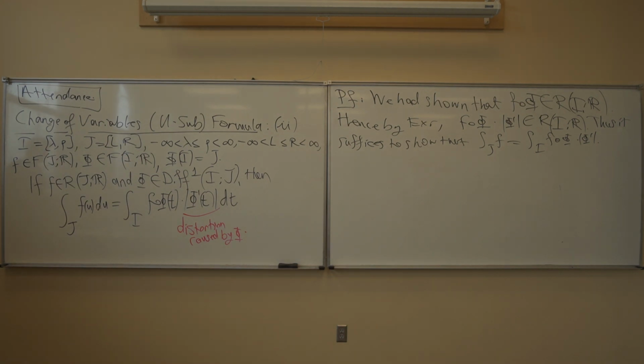Well, the way I thought about proving this was by looking at a Riemann sum. And then from Riemann sums, I can switch over to the lower and upper Darboux sums and so on.